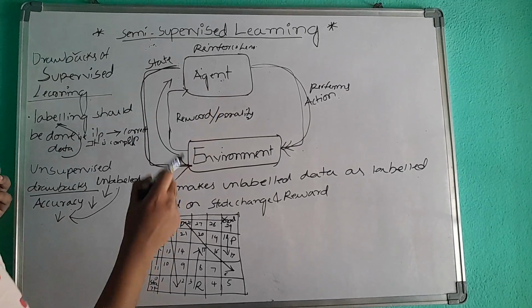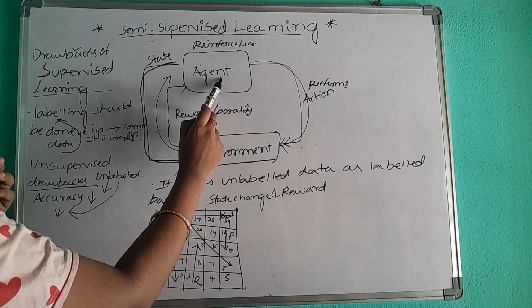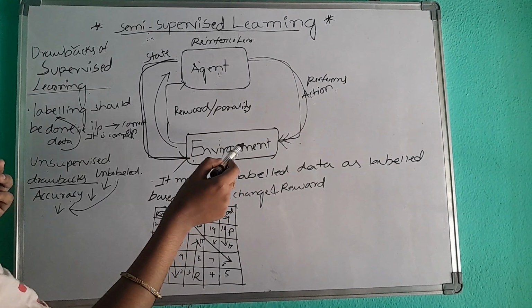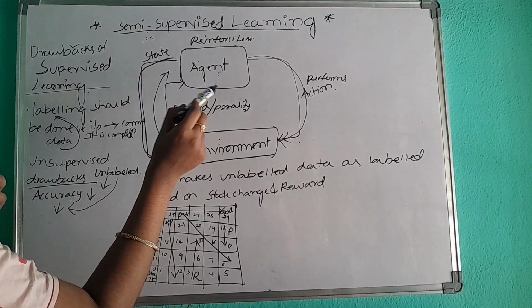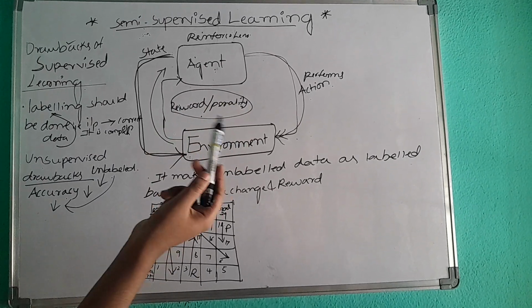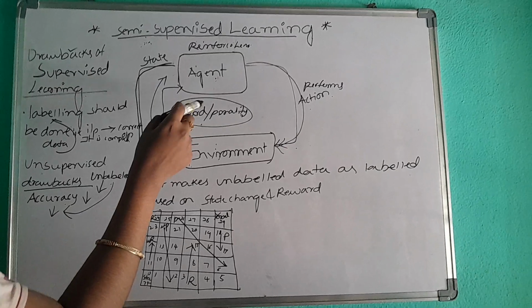The agent performs an action, the environment state gets changed, and we get some reward or penalty. Based on the reward or penalty, we make our next move. This is the working of semi-supervised learning.